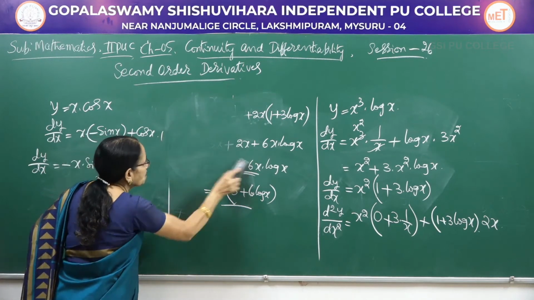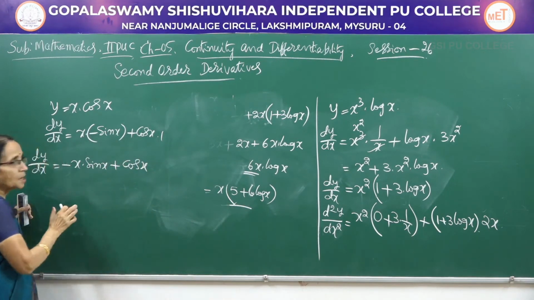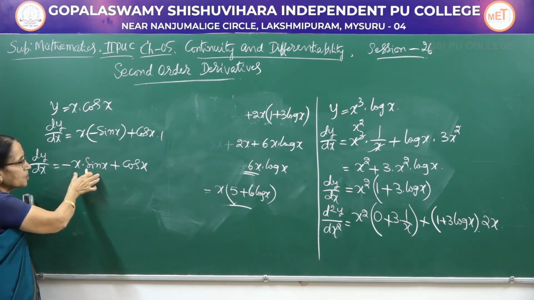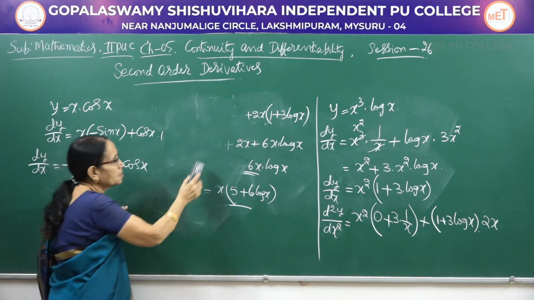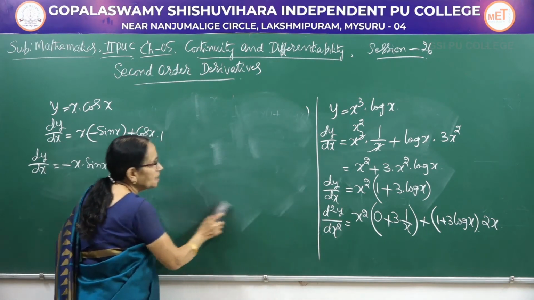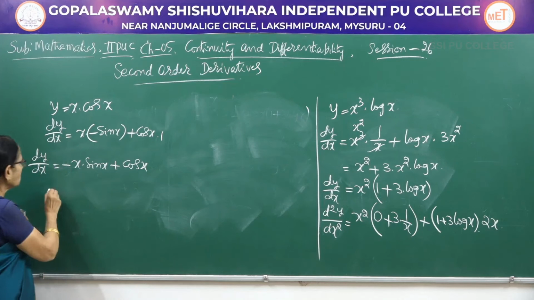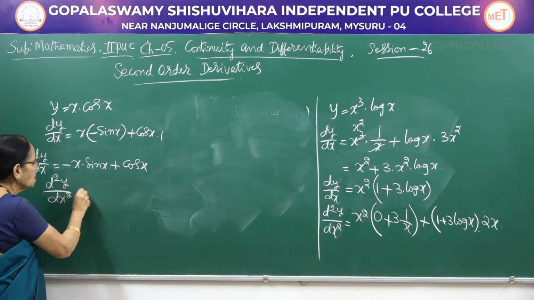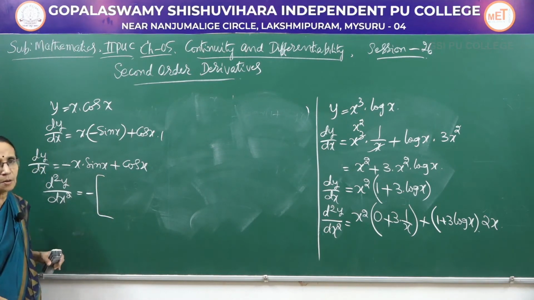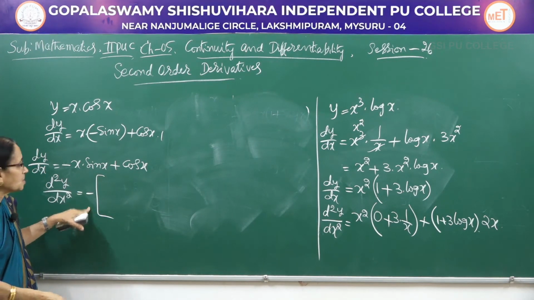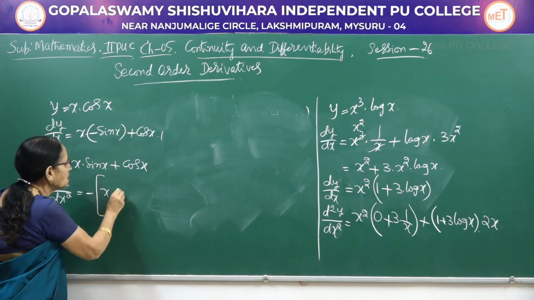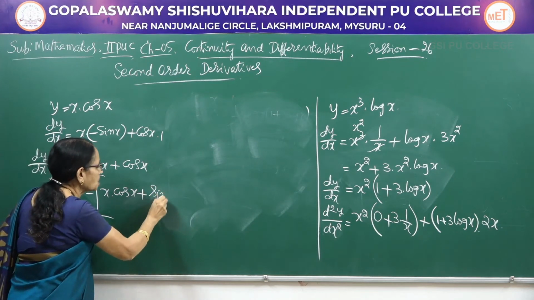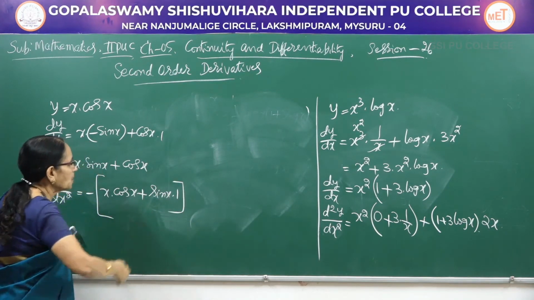Now let me differentiate for the second time. Look here, when you differentiate again, this is a product and you have to apply the product rule, whereas that is an independent term which can be directly differentiated. So let me apply the product rule here for the first function. But we have got a minus sign, so keep that minus sign outside. It is, keep it as minus of x into derivative of sin x, which is cos x, plus sin x into derivative of x is 1.